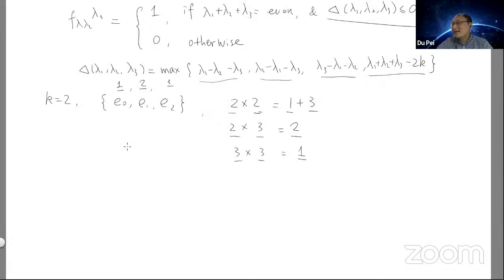And one geometric way to encode all this data of the fusion coefficient is by looking at a cube in the space of lambda 1, lambda 2, and lambda 3.